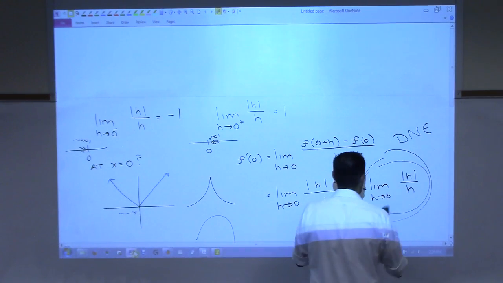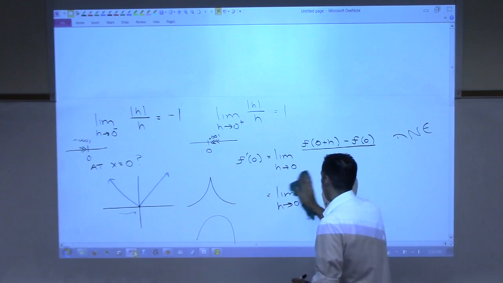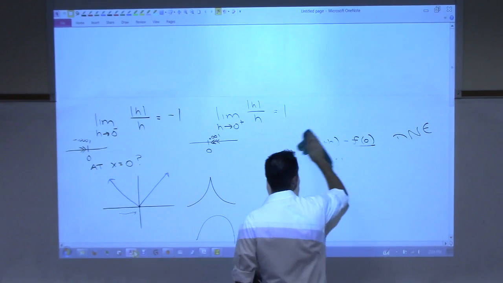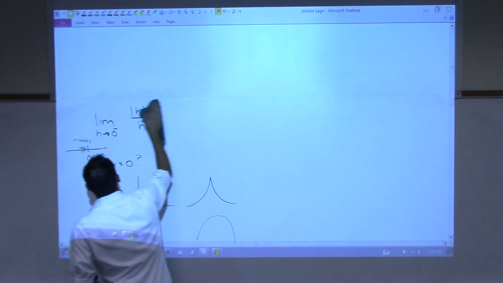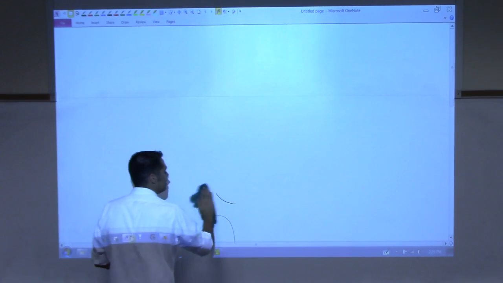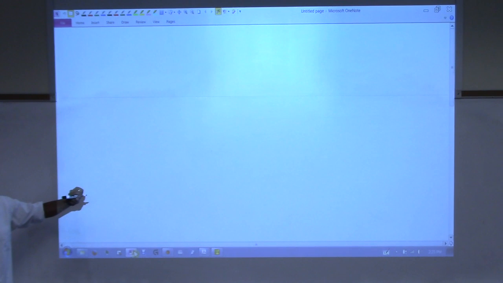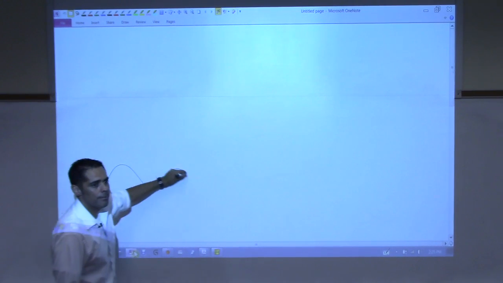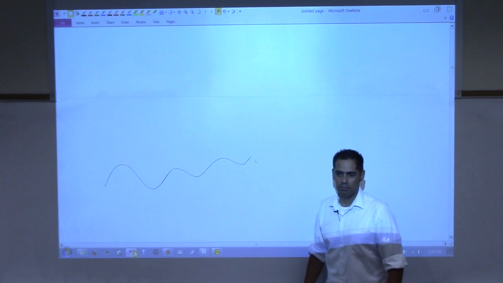All right, so there was a question that we asked, we being people, humans: is there a function that I could draw without picking up my pencil, continuous, but I draw it and I pick any point and it's not differentiable?